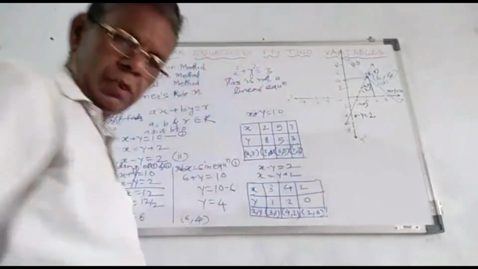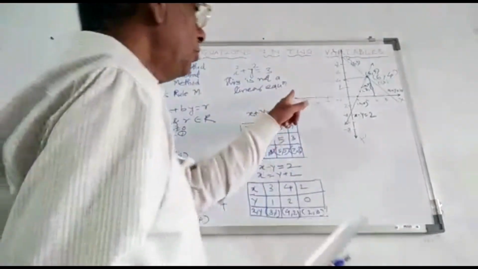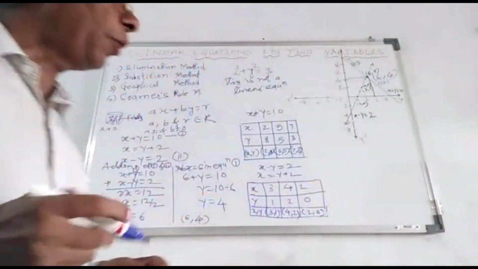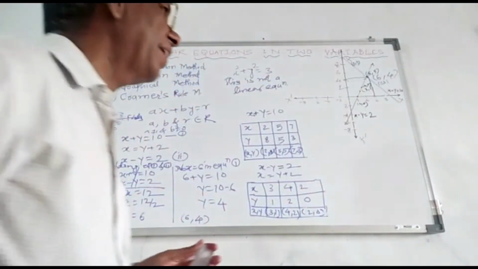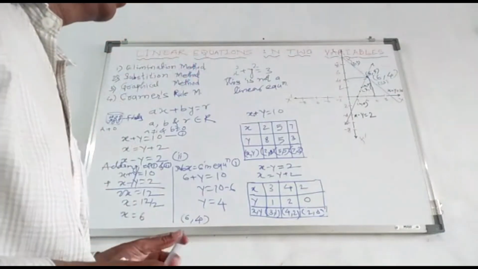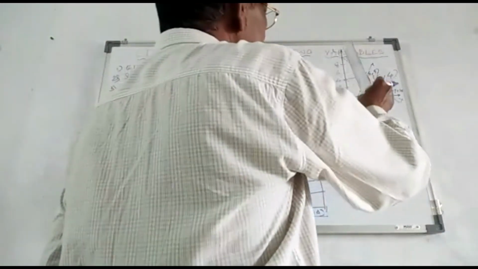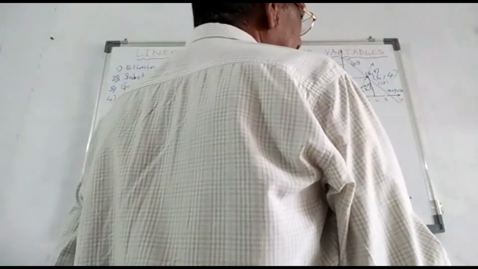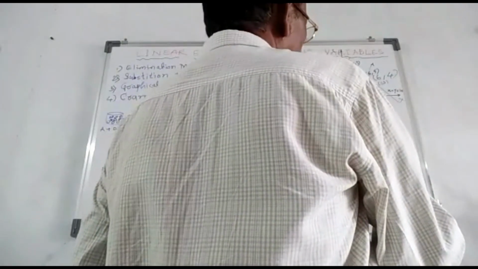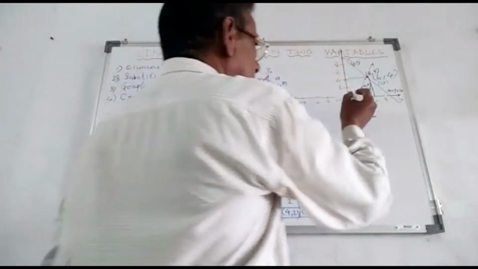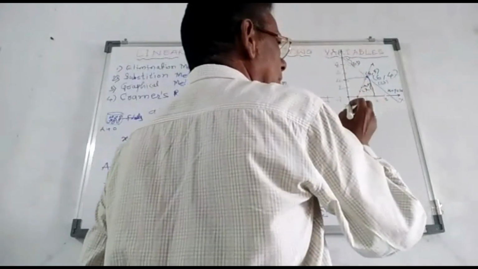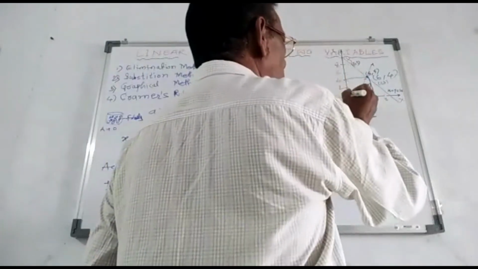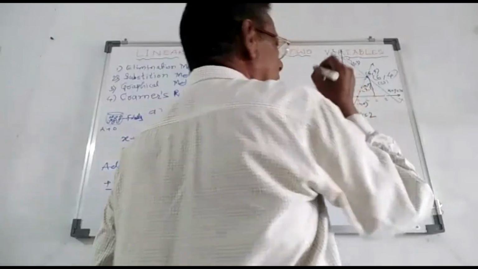Now this line is a horizontal line, and the horizontal line is called the x-axis. And this other line is a vertical line, and the vertical line is perpendicular to the horizontal line, intersecting at this point. So the point O is the origin and its coordinates are 0 and 0.